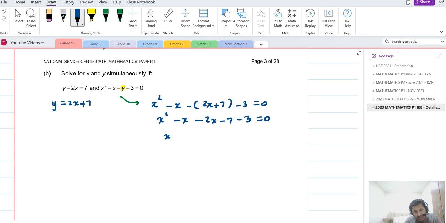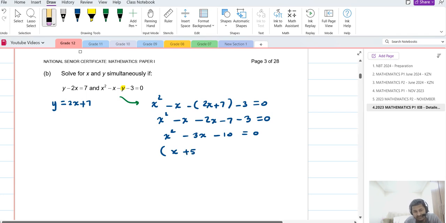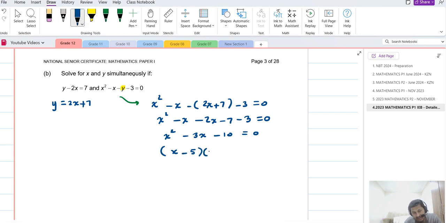So we have x squared minus 3x, minus 7 minus 3 is minus 10, equal to 0. So I think 5 and 2 works, so we should have minus 5: x minus 5, right, and x plus 2 is equal to 0.